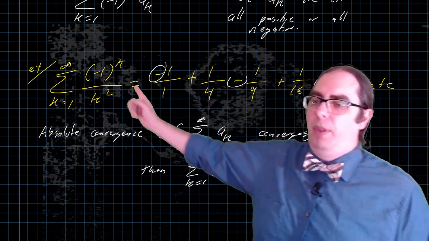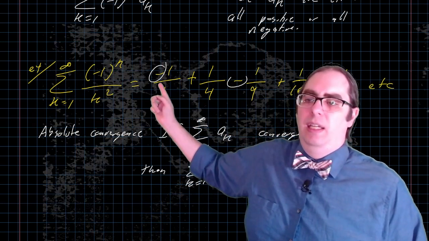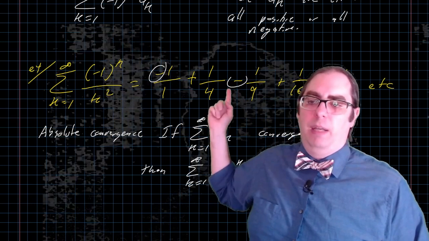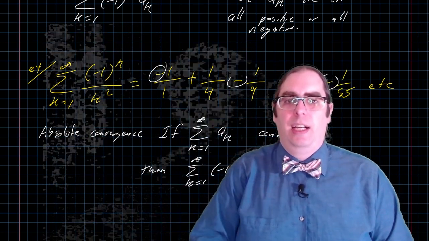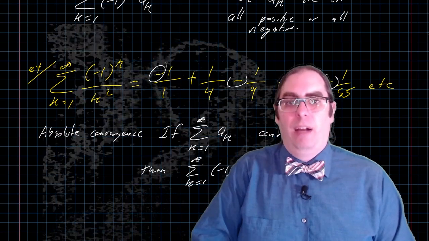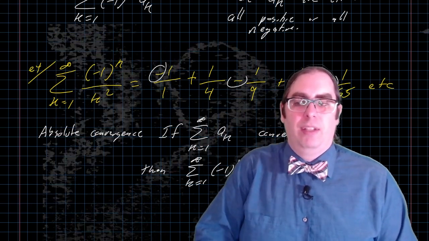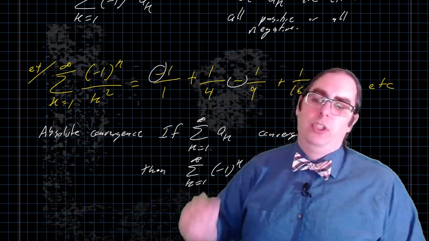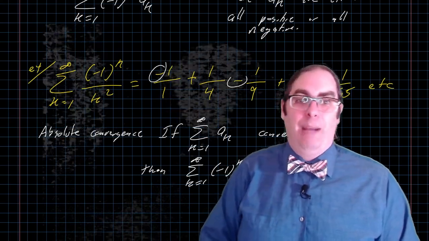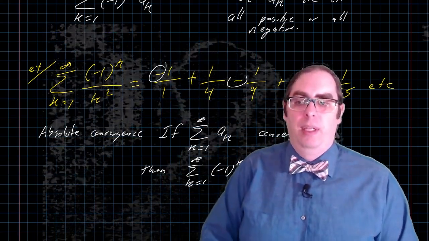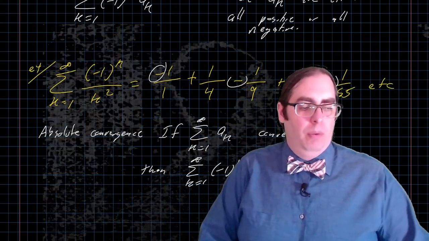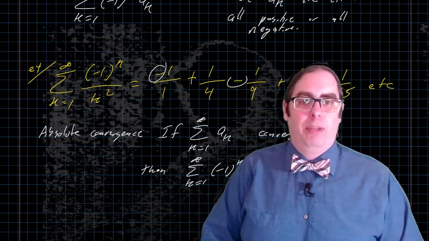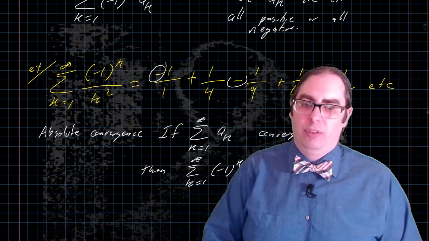So if I drop the (-1)^k, then this becomes positive and this becomes positive, and essentially I take the absolute value of every term in the series. That's all it means. If it converges when you take an absolute value before summing them, then it will still converge without the absolute value. That is too much to say, so mathematicians call it absolute convergence.